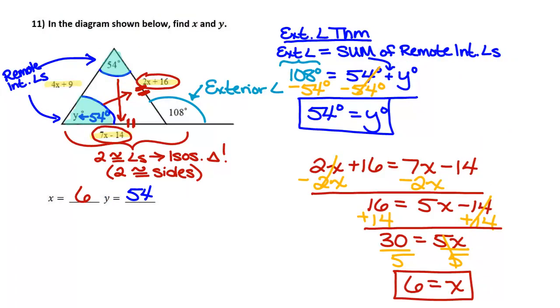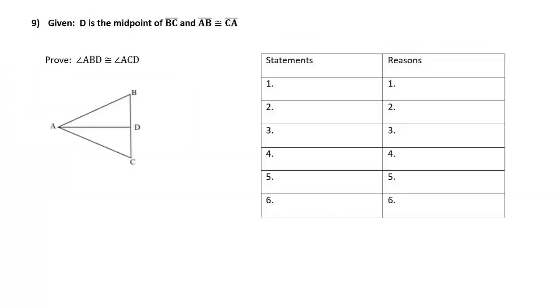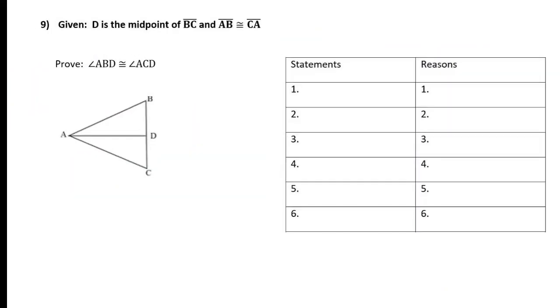All right. After number 11, the next one that was requested was number 9. So let's hop back a couple problems and look at problem number 9. Number 9 is a proof. My first statement is going to be my given information.